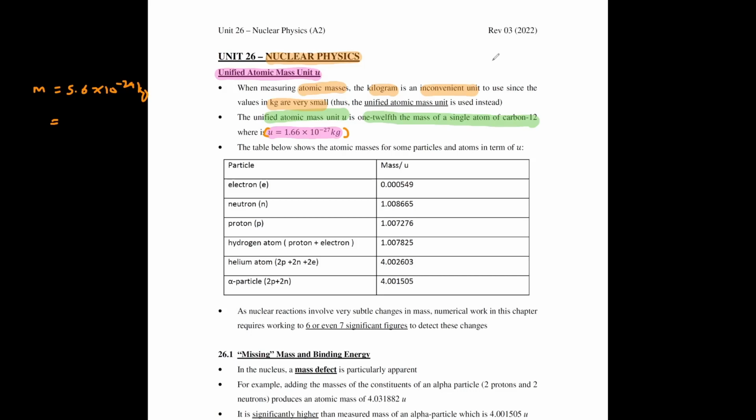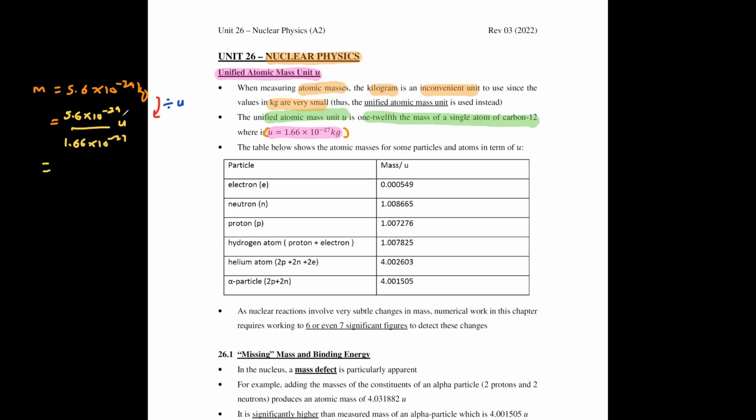So let's just say you have the mass in terms of kg, and then you want to express it in terms of U. All you really need to do is divide it by the value of U. So in my case, if I wanted to find the mass in terms of U, it will be 5.6 times 10 power minus 29, divided by the value of one atomic mass unit, which is 1.66 times 10 power minus 27.